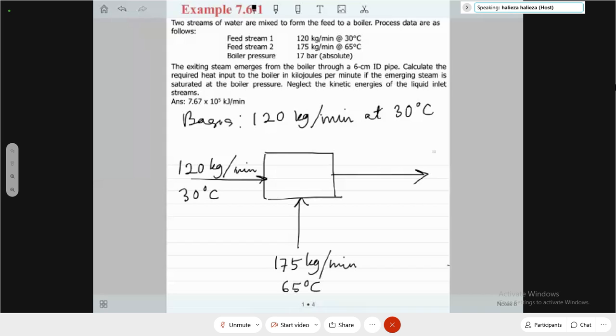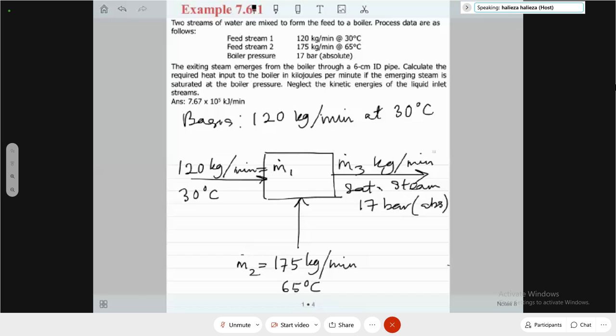And the outlet, since we don't have the mass flow rate, let's put a symbol for it. Let's say this one is M1, this is M2, and that will be M3, in kilogram per minute. I don't have enough space, so I'm writing inside the block. The temperature is not given, but it is mentioned that it is saturated steam at a pressure of 17 bar absolute.